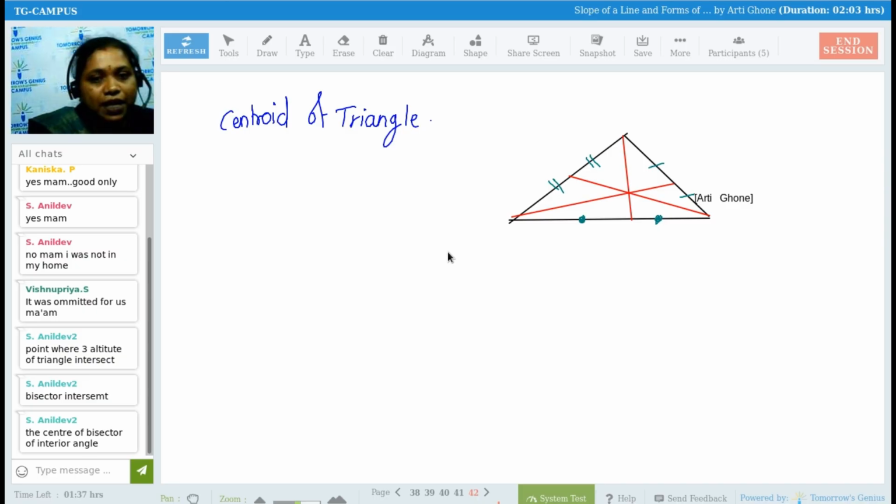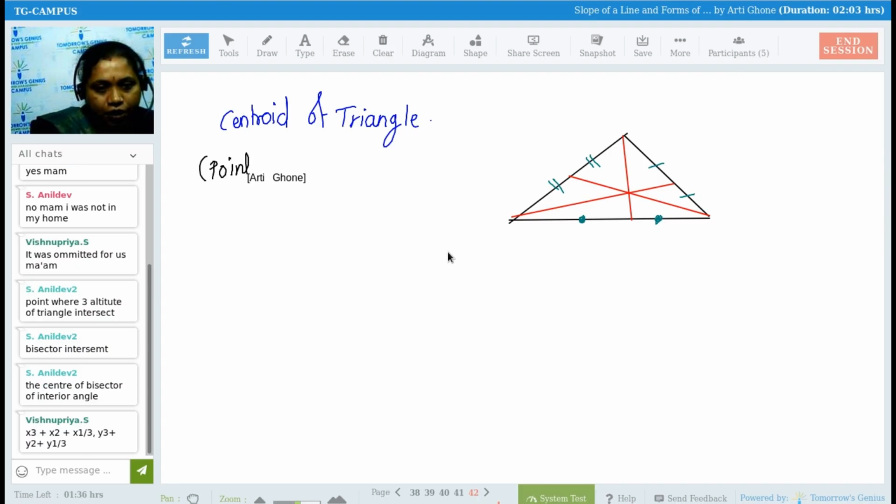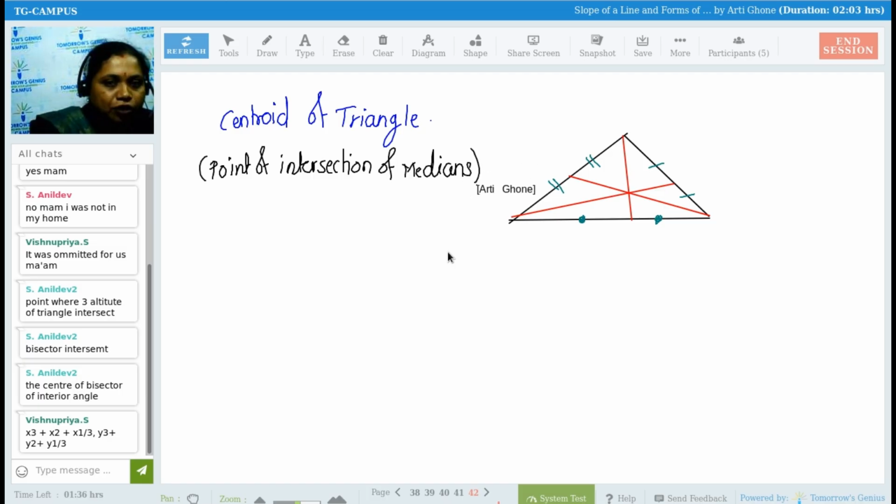So the point of intersection of medians is the centroid of the triangle.